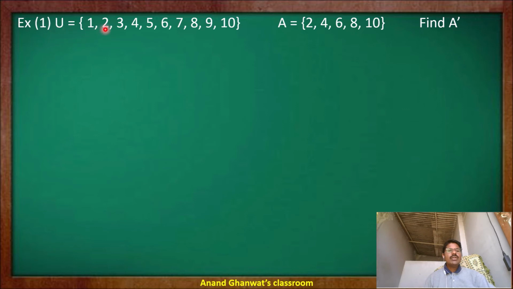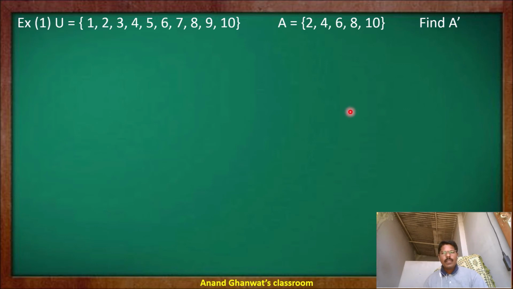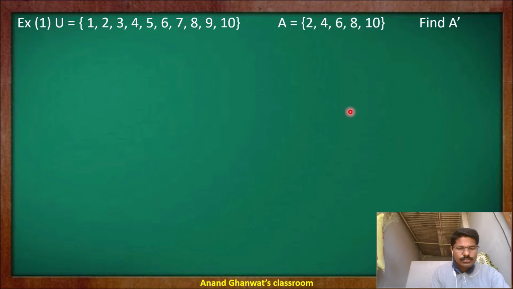Universal set is equal to 1, 2, 3, 4, 5, 6, 7, 8, 9, 10, and set A is equal to 2, 4, 6, 8, 10. Now we have to find A dash.